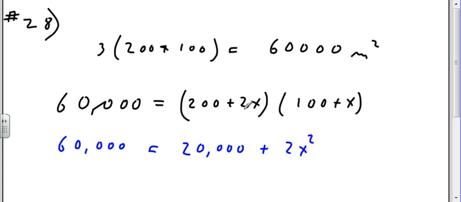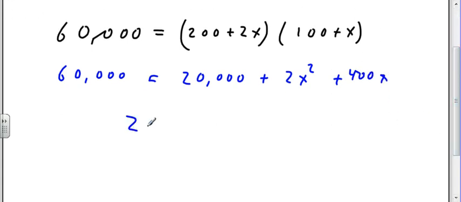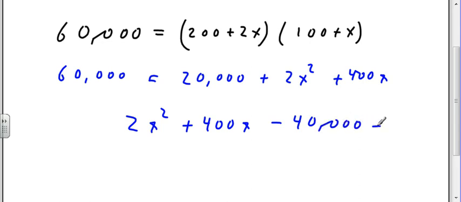I got a 200 and another 200, plus 400x. So I got 2x squared plus 400x minus 40,000 is equal to 0.